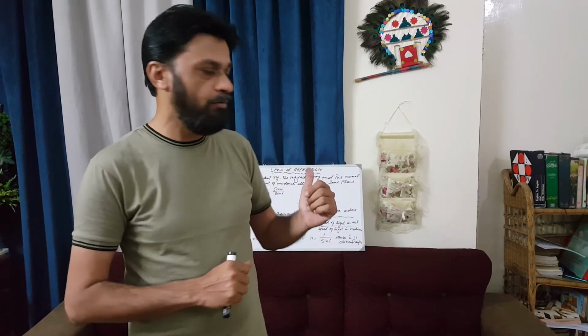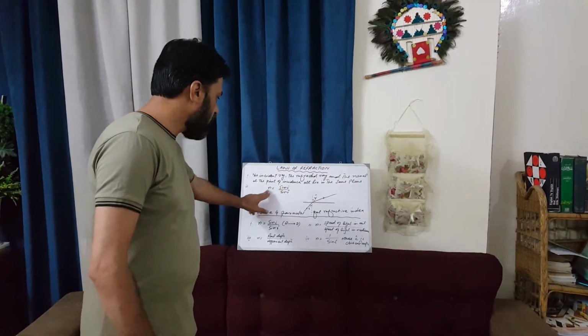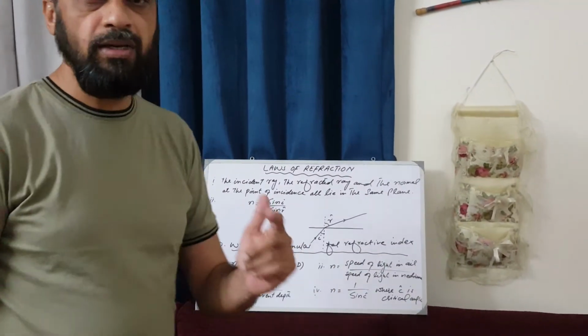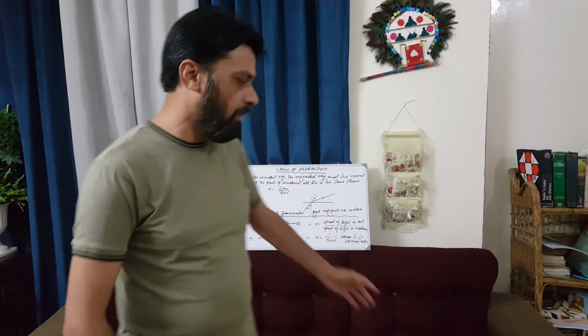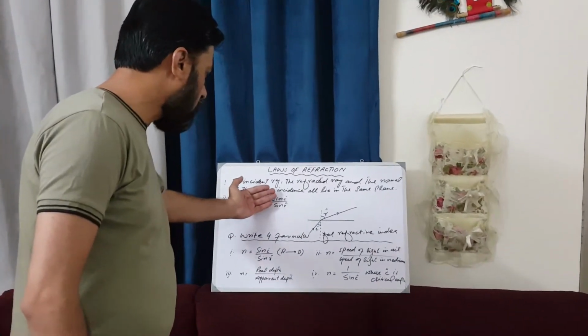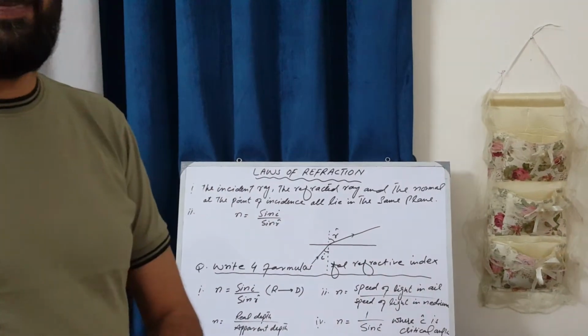n is equal to sine i over sine r if light enters from a rarer to a denser medium. But if light enters from a denser to a rarer medium, then n is equal to sine r over sine i.